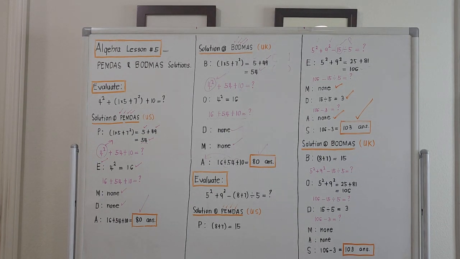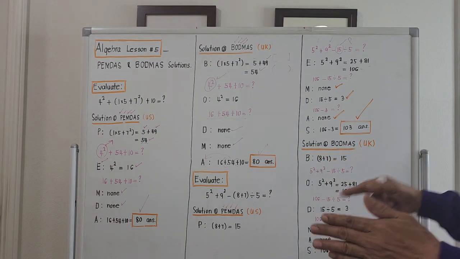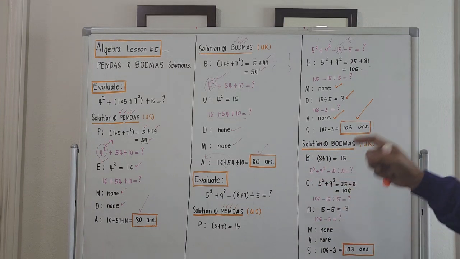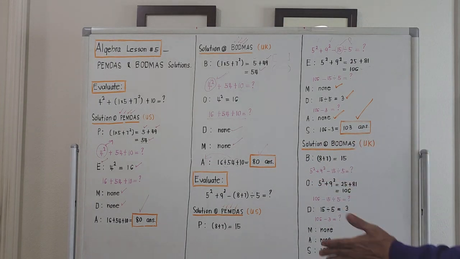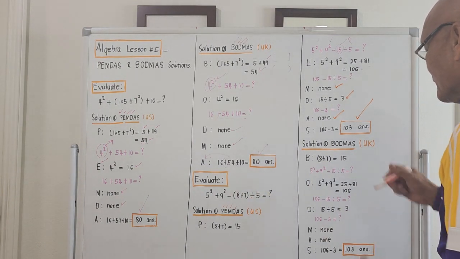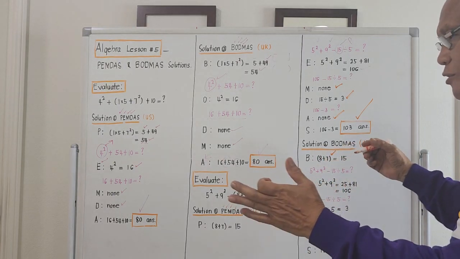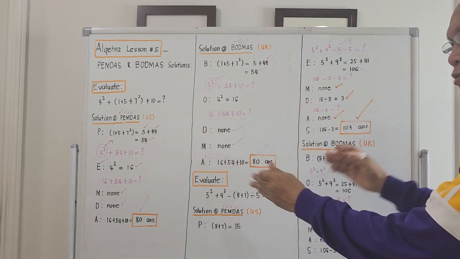Okay, the second solution, the BODMAS solution using the United Kingdom solution. We start with B. All the terms that contain brackets or quantity should be the first priority to be evaluated. And from the given mathematical expression, it is the quantity 8 plus 7. This is a quantity, it's synonymous to bracket, right? It's a sign of grouping.